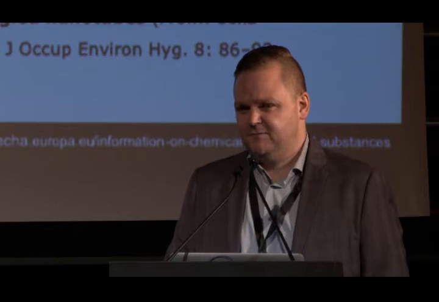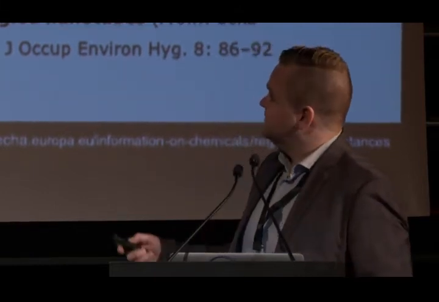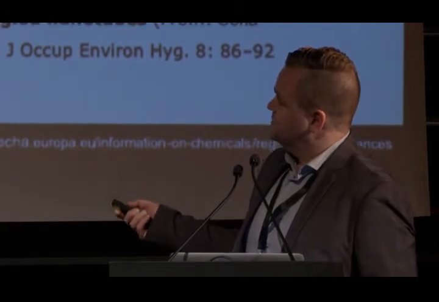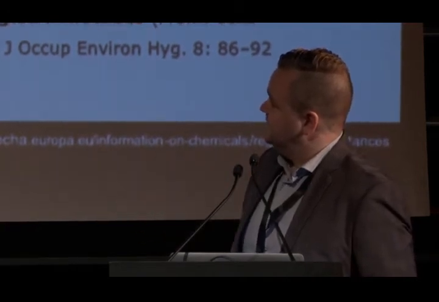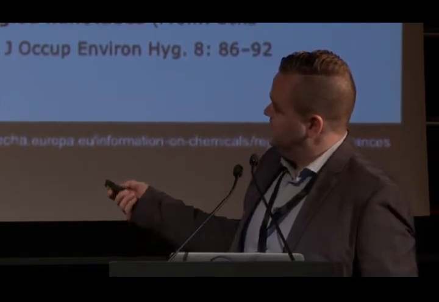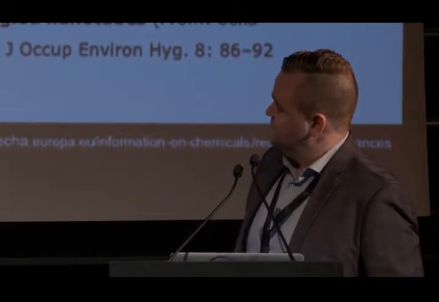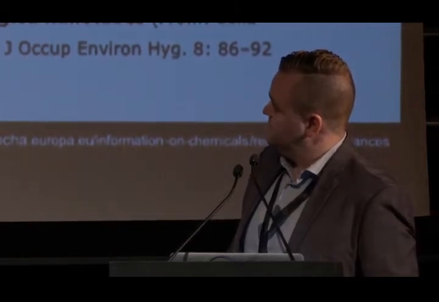If we look at what has been registered under REACH, there are 3 different kinds that have been registered so far at different tonnage levels. There are single-wall carbon nanotubes registered under the 1 to 10 tons per year tonnage trigger. There are tangled multi-wall carbon nanotubes registered between 10 and 100 tons per year.